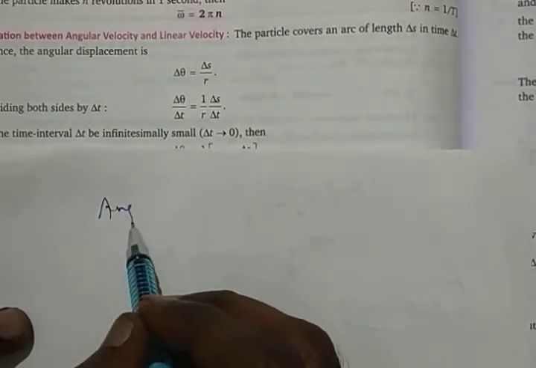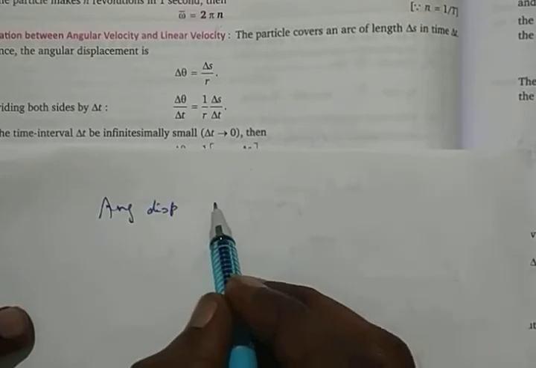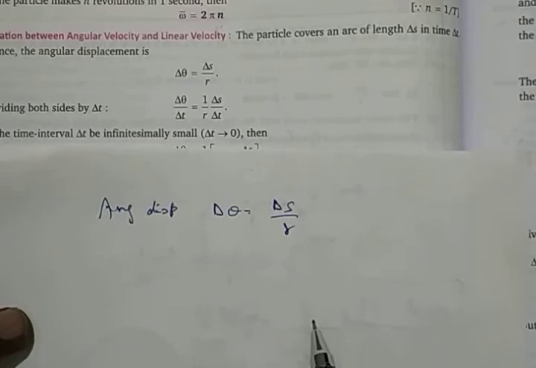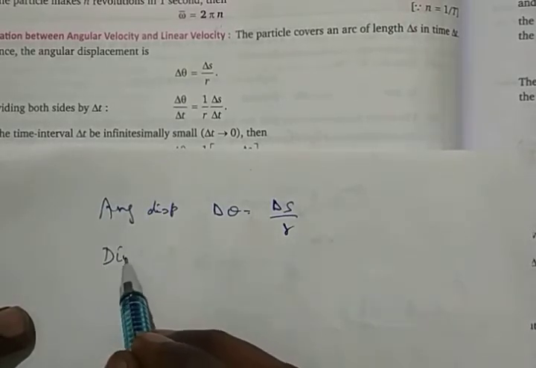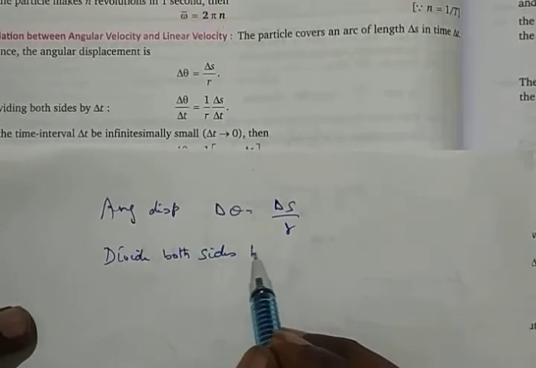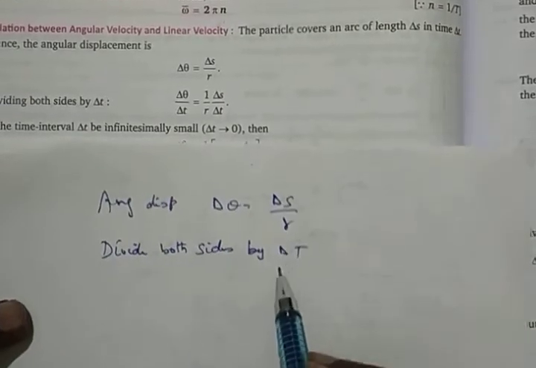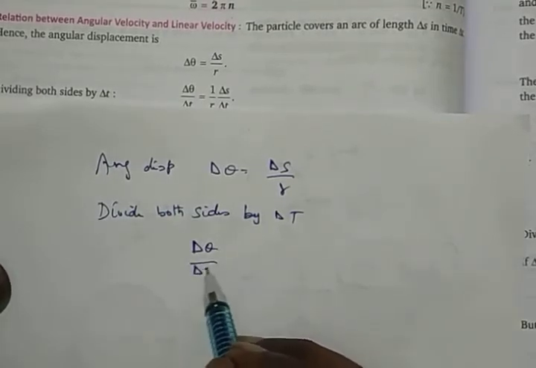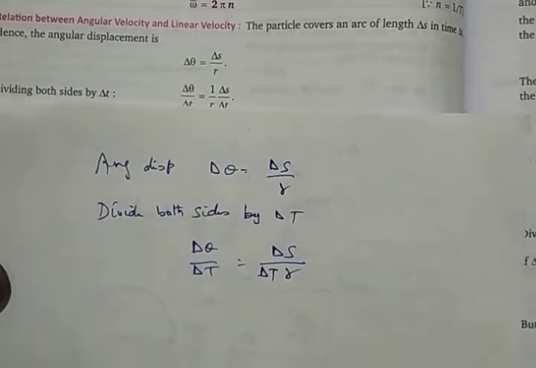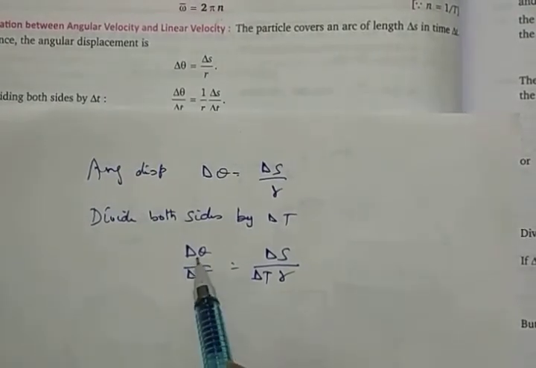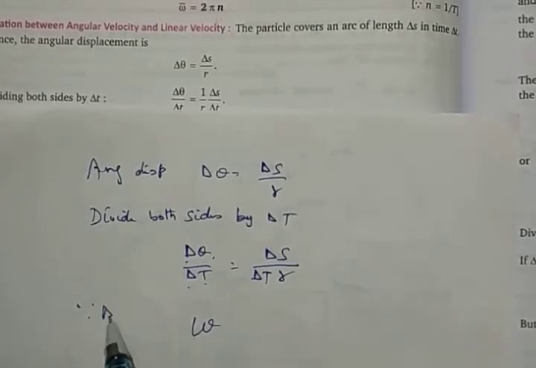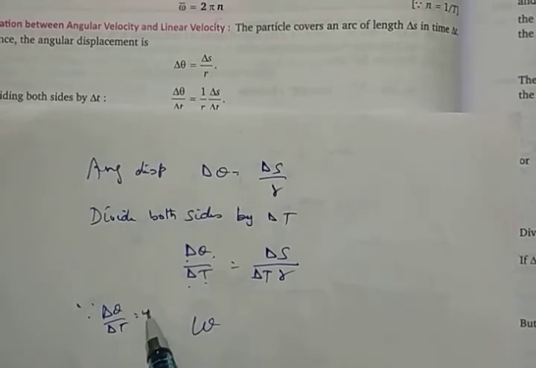Angular displacement delta theta is equal to delta S upon R. Next line is divide both sides by delta T. So delta theta upon delta T equals delta S upon R delta T. Delta theta upon delta T, what is that value? We already know it is omega.